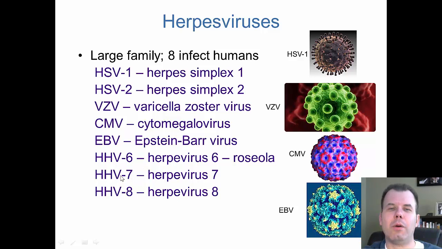Some of these are now associated with other diseases, and I'll discuss those as we get to them. One of them is a major cause of Kaposi sarcoma that we see in AIDS patients. Another one, I believe it's HHV7, has been associated with MS, so that could be one that triggers an attack on the nerves. We are seeing more and more of a causal link between having this virus and having MS, so there might be some link as we look.